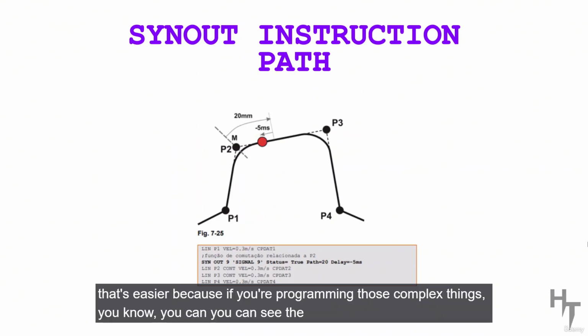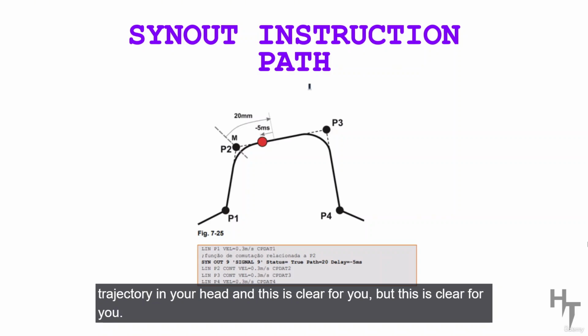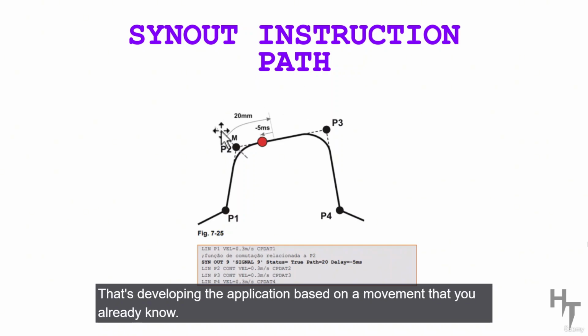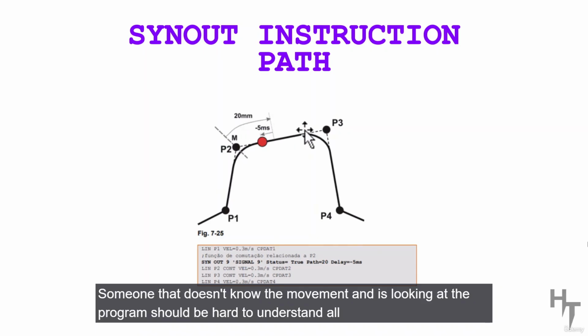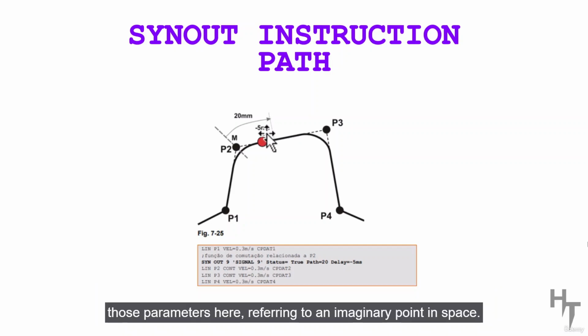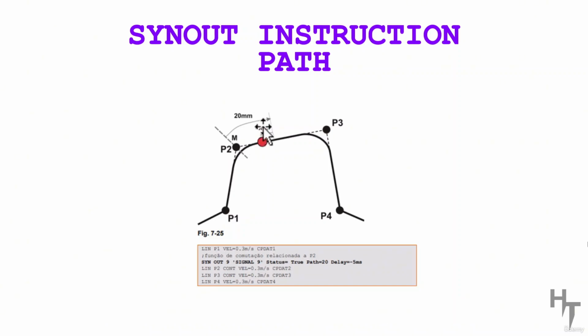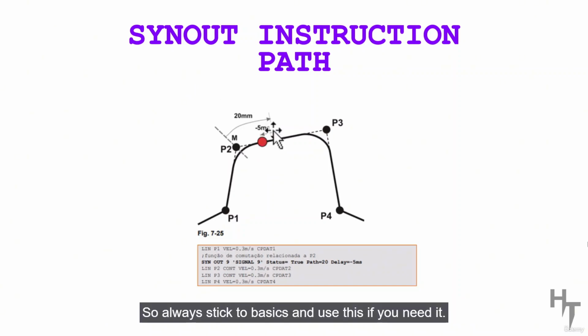Because if you're programming those complex things, you can see the trajectory in your head, and this is clear for you, the one developing the application based on a movement that you already know. Someone that doesn't know the movement and is looking at the program will find it hard to understand all those parameters referring to an imaginary point in space. So always stick to basics and use this if you need it.